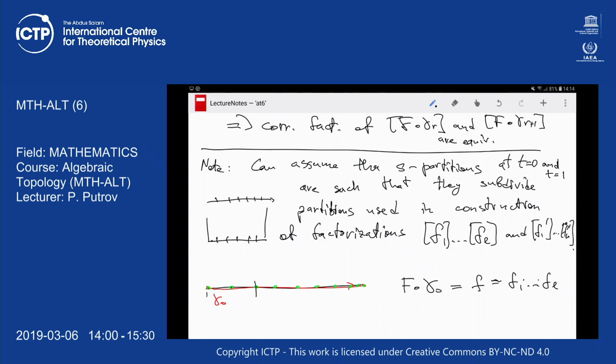And so the fact that the partitions used in the subdivision of this big rectangle subdivide the partitions used in the construction of the factorization means that, for example, the part which corresponds to F1 might contain a few vertices, and then there will be a part of F2 which contains a few vertices, and so on.